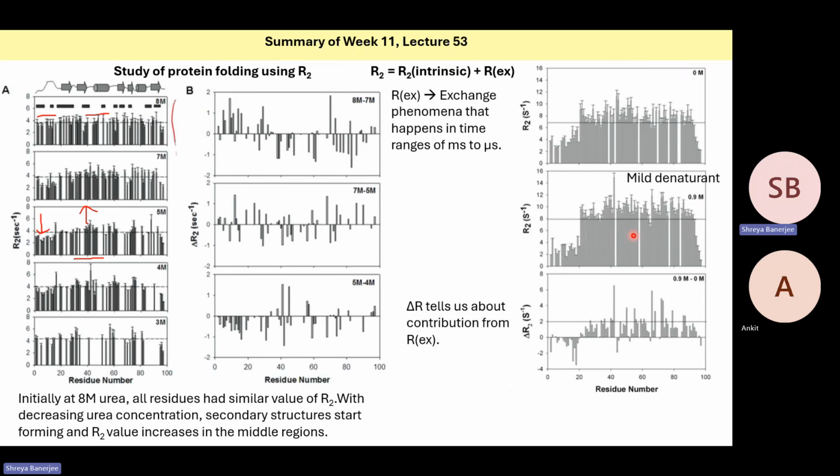The exchange between these two structures can also be found out by this delta R2. That is what is shown in this set of graphs. Here 8 minus 7, 7 minus 5, 5 minus 4, different delta R2s are plotted, and based on the delta R2, we can find out where the exchange is happening. We will look into this more later.